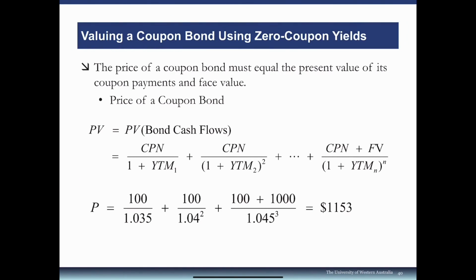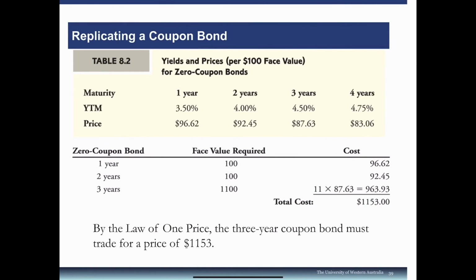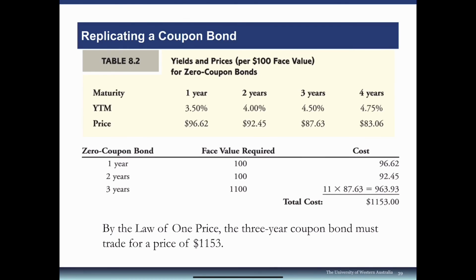The price of a coupon bond must equal the present value of the coupon payments and face value. So here, the present value equals the bond cash flows discounted by the individual yield to maturity. As an alternative approach, which is mathematically equivalent, you can also use the yield to maturity rather than the price of the zero coupon bond. The 1-year interest rate is 3.5% per year.